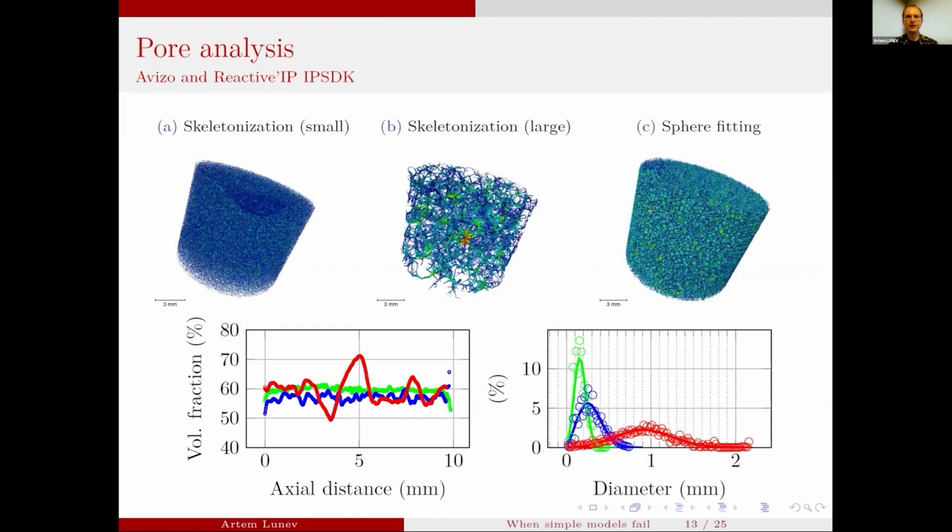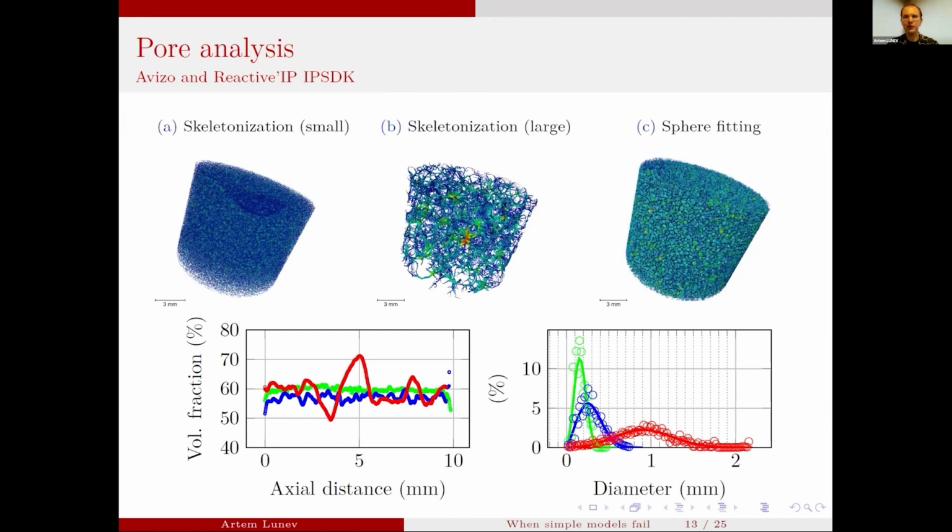So next, Fabienne helped us to analyze the pore size distribution and the actual distribution of the pores. This was done using 2 different approaches, the skeletonization and the sphere fitting, with sphere fitting showing better results in this case. And overall, we can see that the porosity distribution is more or less homogeneous.